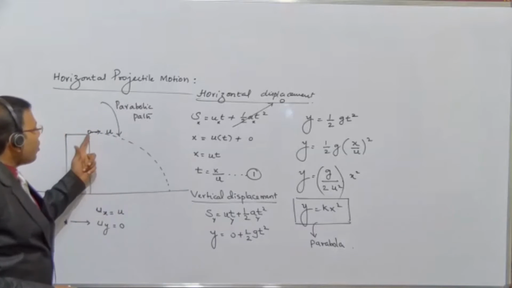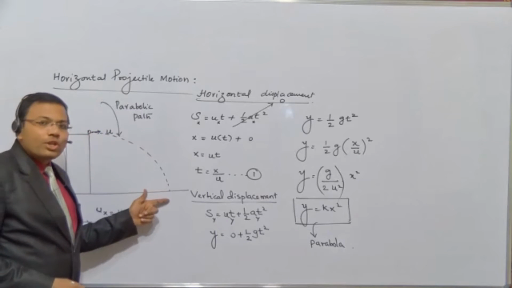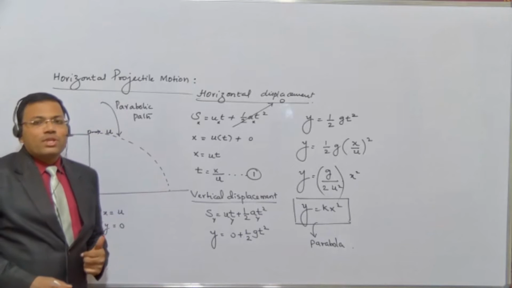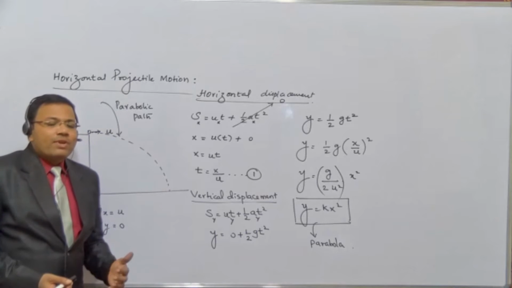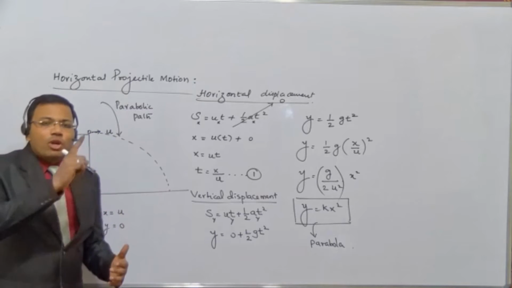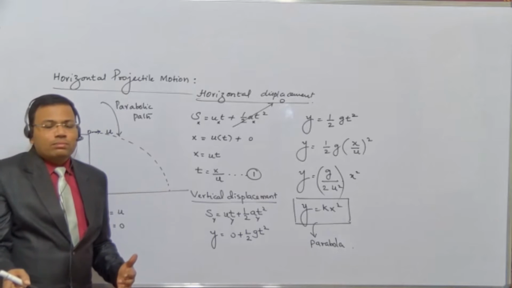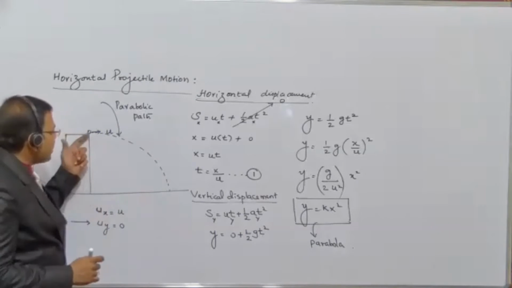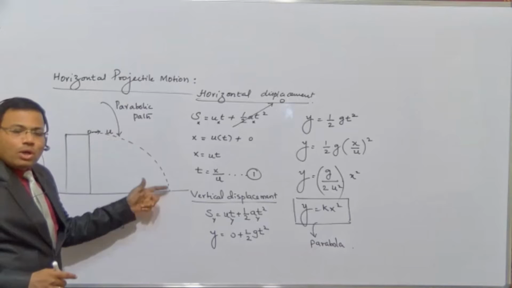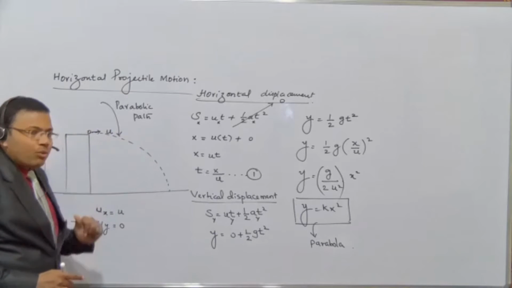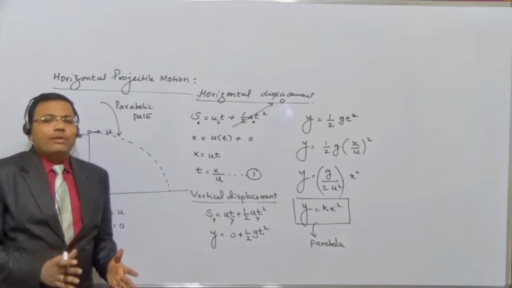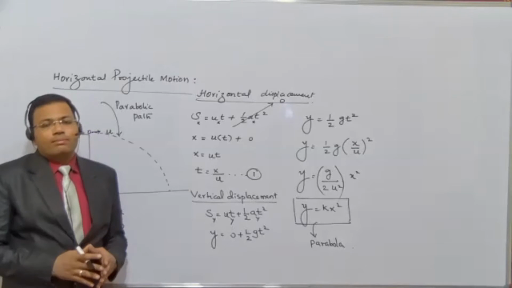See students, the body is taking some time to reach the ground. That is what you call the time of descent. Already I defined time of descent is the time for which the body goes to the ground from the maximum height. So this is the maximum height and it is going to the ground. So we can calculate the time of descent; problems can be asked on these topics.